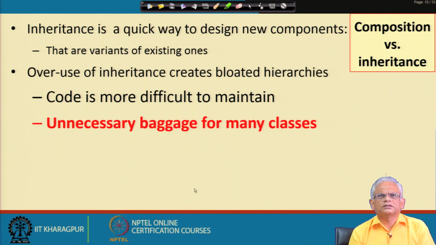Inheritance is a quick way to design new components, just use extends and then it is done. But many programmers make the mistake of using too much inheritance and result in a bloated hierarchy. Code becomes difficult to maintain and carries unnecessary baggage.